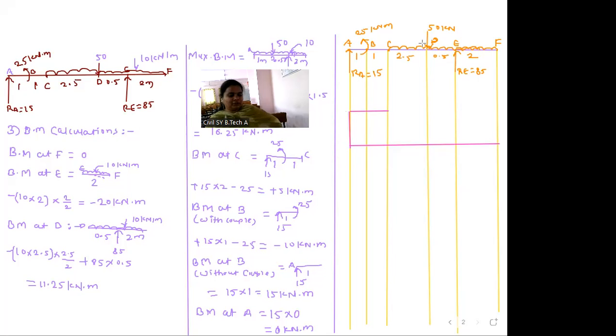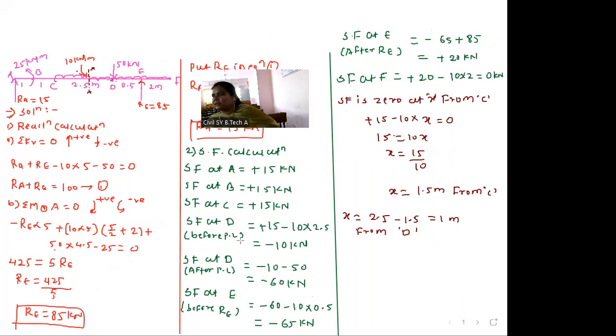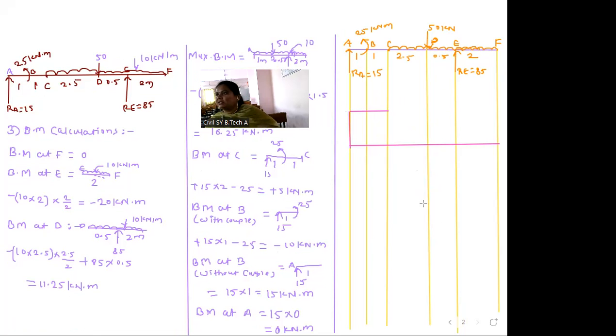Shear force at D is minus 10. Before the point load and after the point load, shear force is minus 60. So up to this minus 10, after that it suddenly drops down to minus 60.